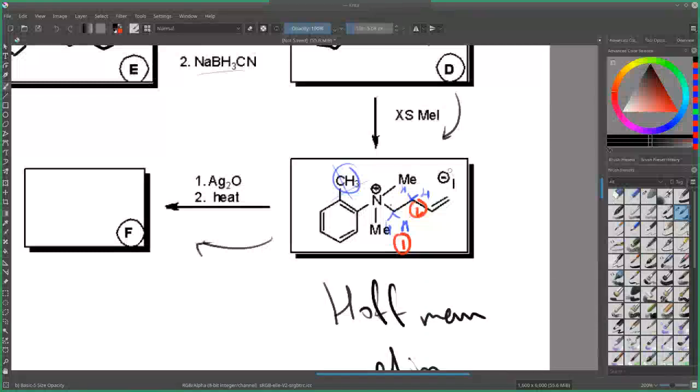We're going to have something come in and remove it, right? So we have an OH minus there. It's going to pull one of these hydrogens. The electron pair is going to go into that bond, and then these electrons are going to go off to the nitrogen.